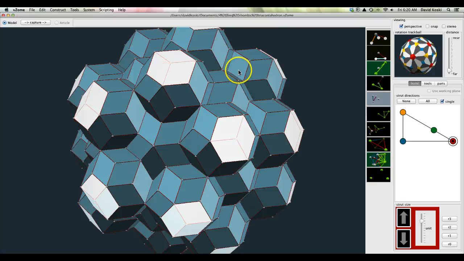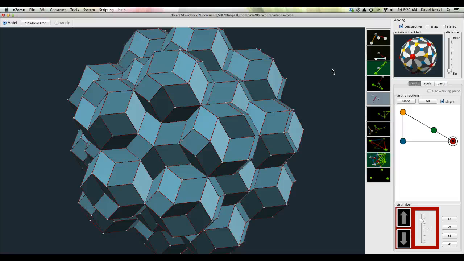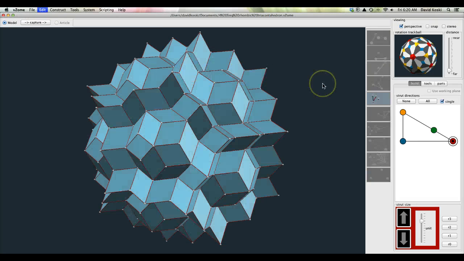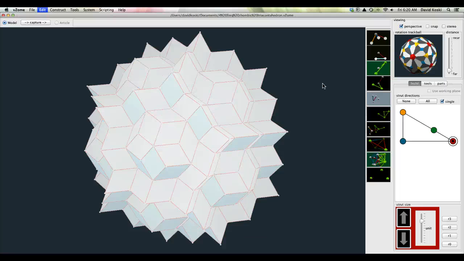Now I'm taking out 20 thin hexahedra. Now I'm going to remove another 60 rhombic dodecahedra, which are 2 fat and 2 thin. Now I'm going to remove 80 fat hexahedron. Sorry, it's a little slow.